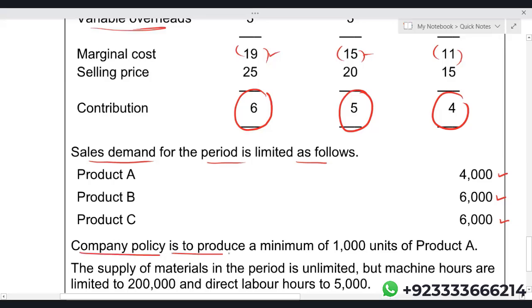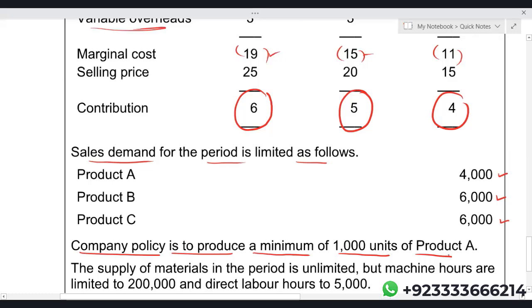Company policy is to produce a minimum of 1,000 units of product A. Now, students, please listen carefully.